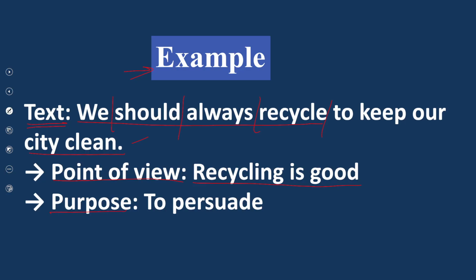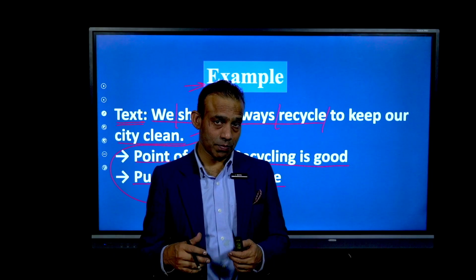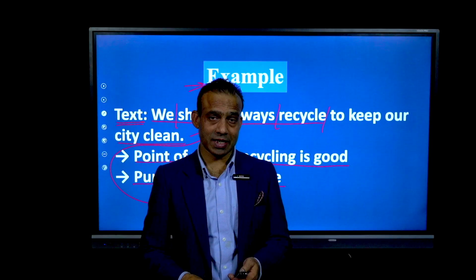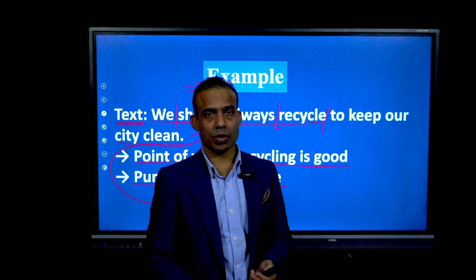And the purpose is to persuade. This word should is telling us the writer wants to persuade the readers. So I think, my dear learners, you have learned something more about this particular example. Now move next and try to learn more.